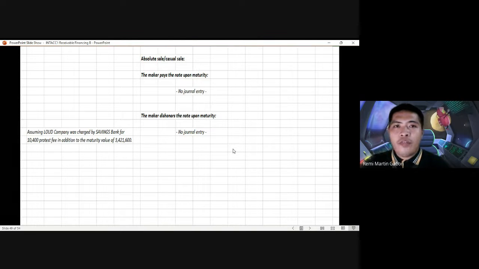Again, reason for the no journal entry upon paying or dishonor of the maker upon maturity date kasi nga hindi na tayo nagre-recognize ng notes receivable. Ni-remove na yung notes receivable from the records, therefore we are relieved of the responsibility to collect the notes receivable. Magkakaroon lang tayo ng journal entry under the assumption of when the maker pays or when the maker dishonors kapag yung assumption natin ay conditional sale and secured borrowing.